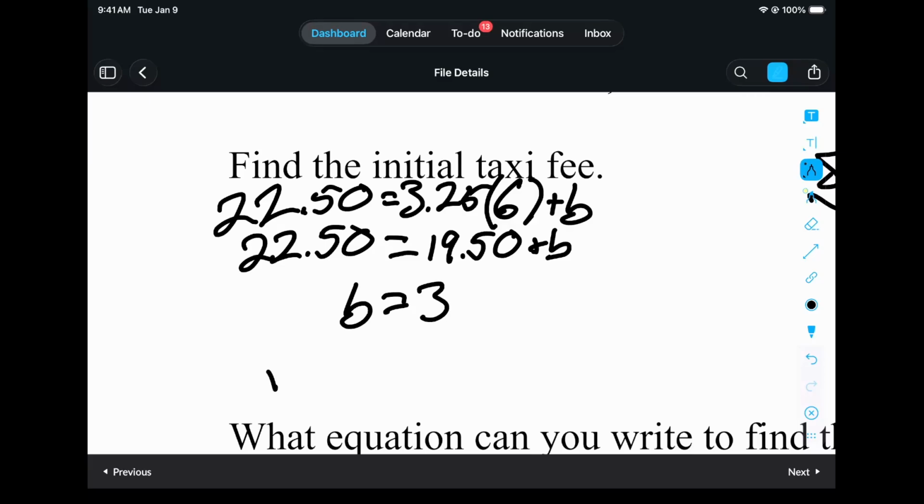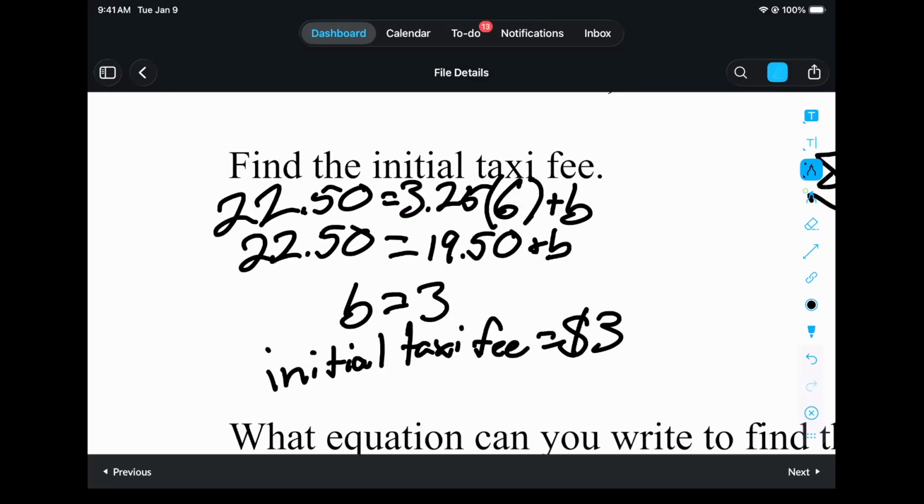Which means our initial taxi fee is going to be $3.